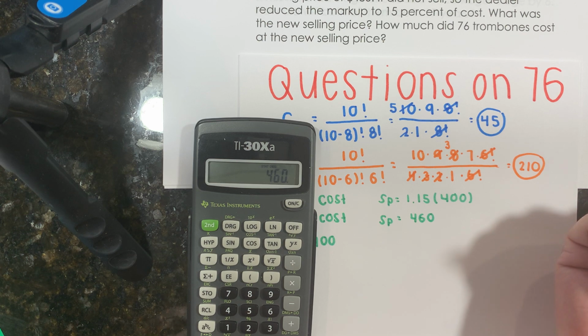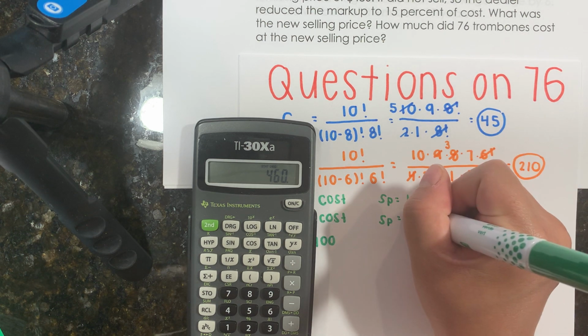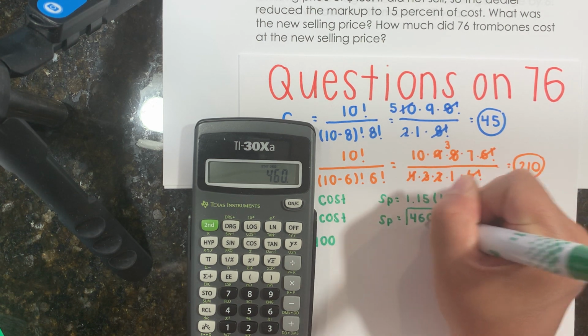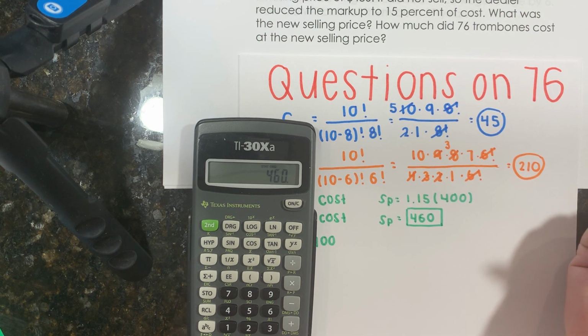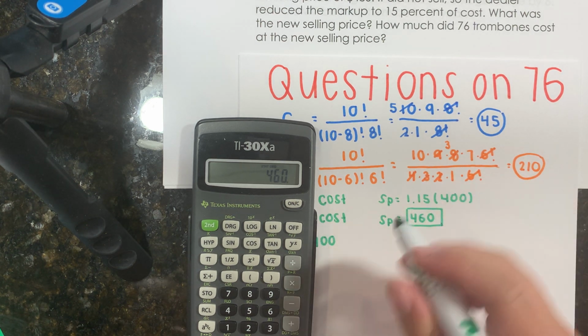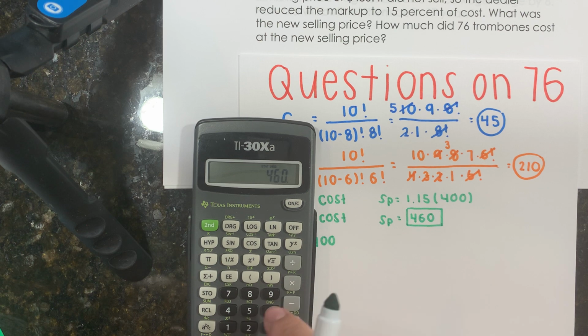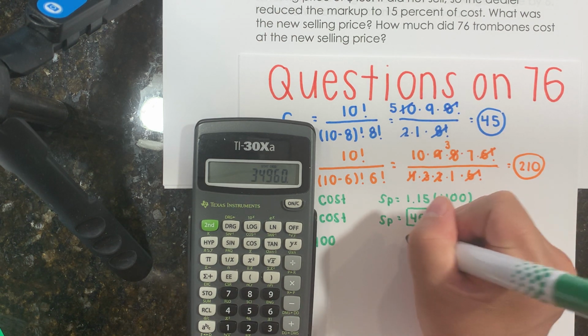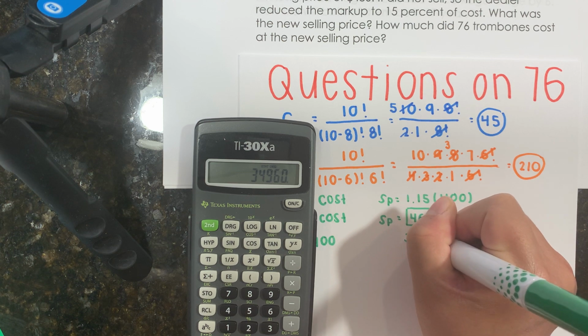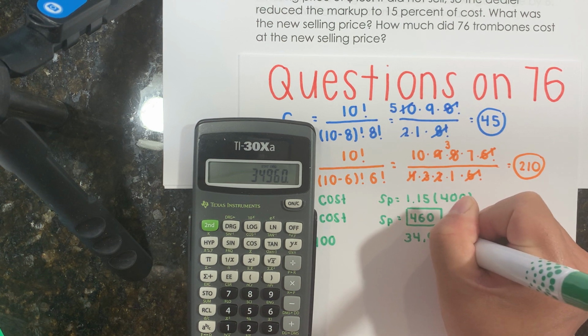So the new selling price was $460. And then it asks how much 76 trombones cost. So 460 times 76 is equal to $34,960.